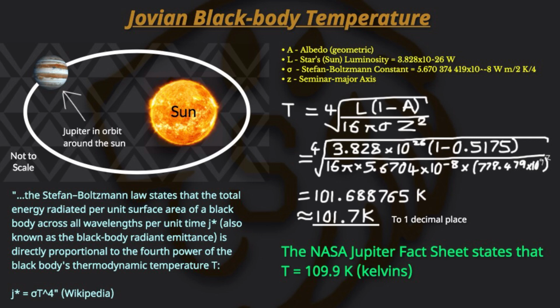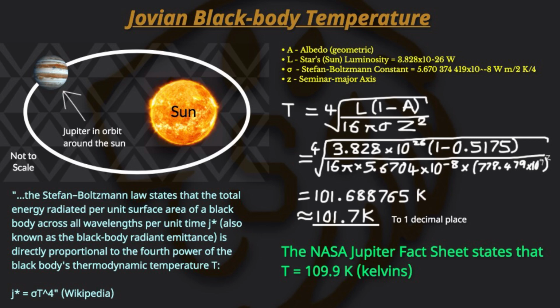T is equal to the fourth root of 3.928 times 10 to the power of 26 watts, which is the luminosity of the sun, our star in this case, multiplied by 1 minus the geometric albedo, which we calculated to be 0.5175, over, in the denominator, 16 pi multiplied by the Stefan-Boltzmann constant, and then we multiply that with the semi-major axis squared.